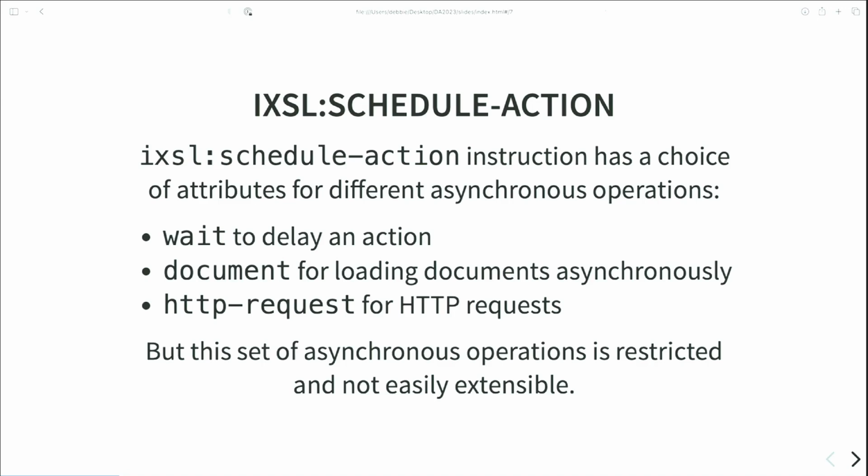So there's the wait attribute, which will just create a delay of a subsequent action. And the HTTP request attribute, which can be used for other general HTTP requests, where you just supply your request as a map, and the response comes back as a map.